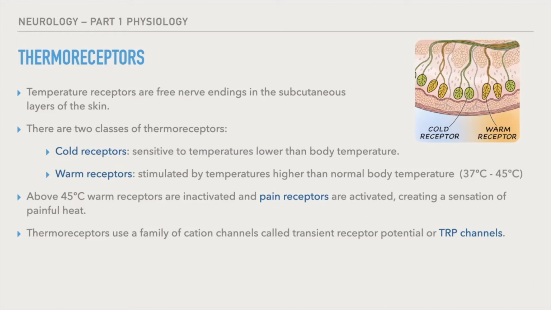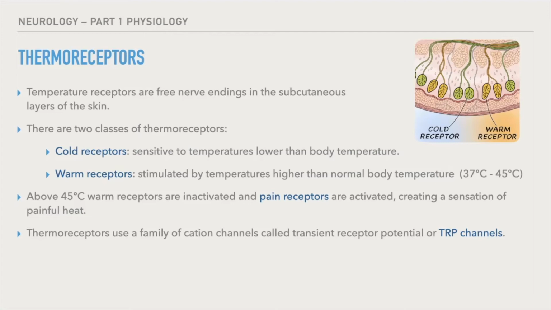When the skin is warmed above 37 degrees, for example, the cold receptors become inactive. And when the skin is cooled below 37 degrees, the warm receptors become inactive. If skin temperature rises to damaging levels, above 45 degrees, the warm receptors become inactive, and therefore they don't signal pain from the extreme heat.